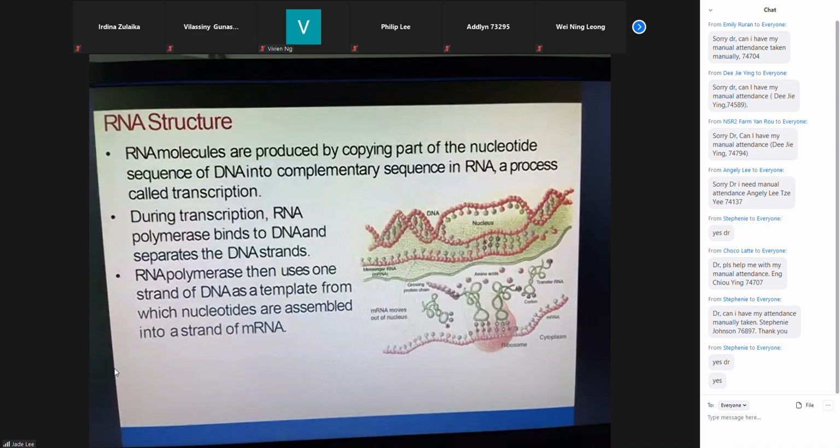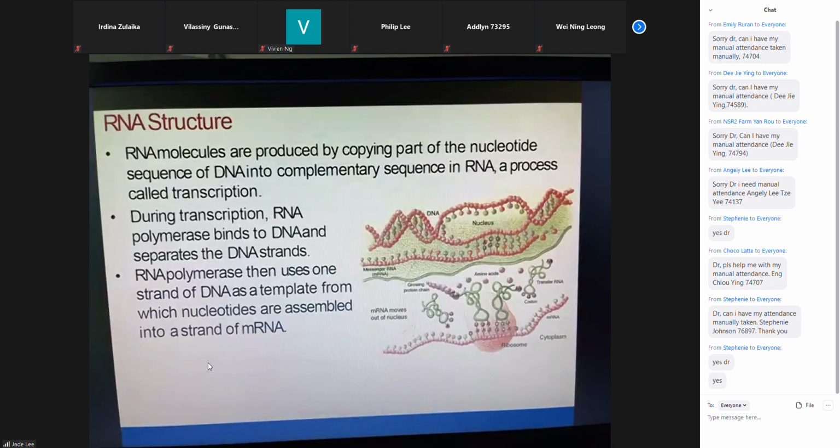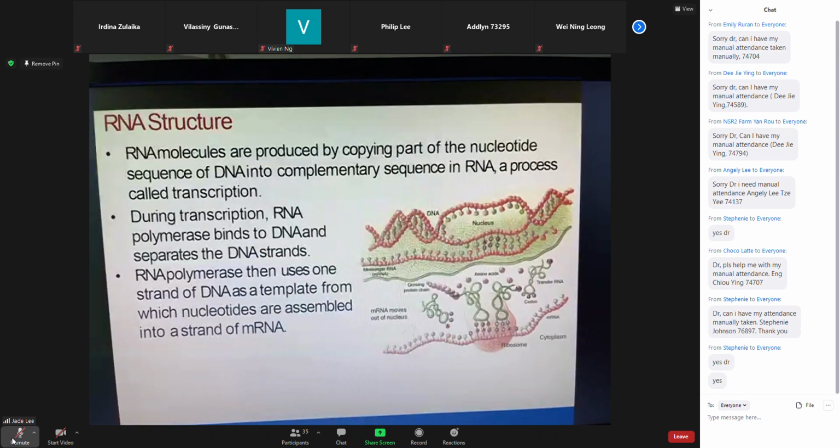What is mRNA? Messenger RNA, right? Where is mRNA produced? In the nucleus.